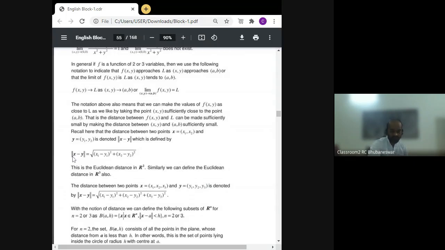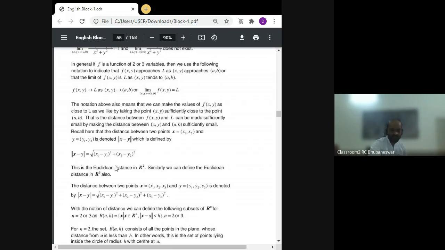Look at this expression, that is also known as the norm of x minus y. That means the difference between two points x and y, that is the norm of the point x minus y in R square, and it will be calculated like that: root over of (x1 minus y1) square, that means the difference between the first components, plus the square of the difference between the second components of these two points. So this is the distance formula we are using here in terms of the norm of two points x and y.